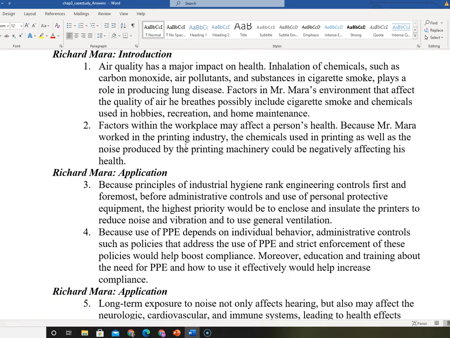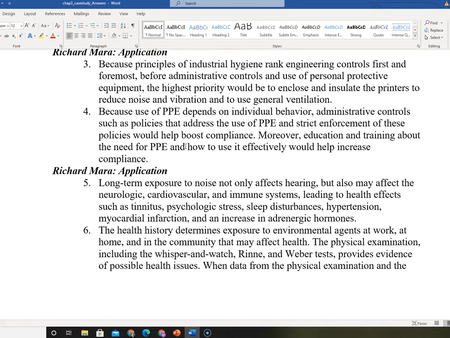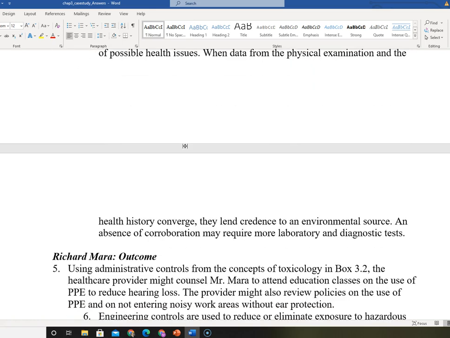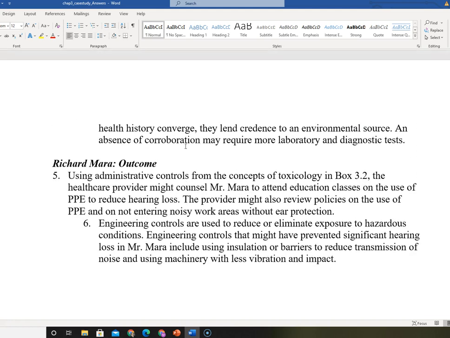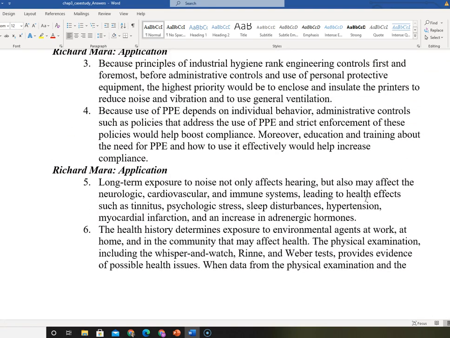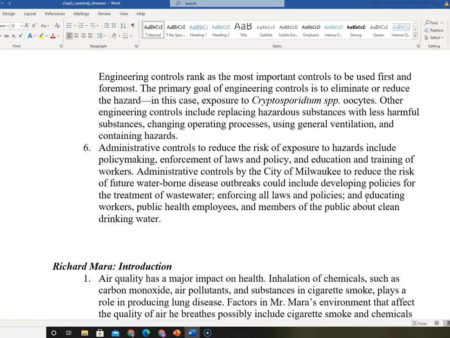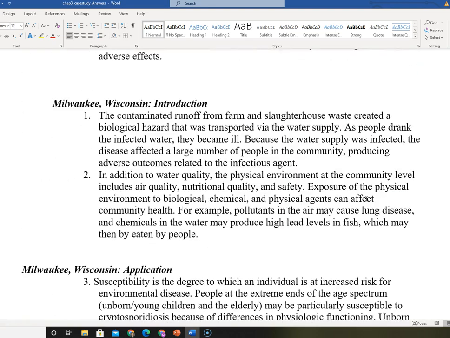Okay, so this is really describing or illustrating the effects of long-term exposures, right? And different types of long-term exposures. Did I get everything? All right. It's the outcome, and again, that was box 3.2. I just showed you guys before that it was referring to there, referring you back to. Okay, again, if you don't have the textbook, I think you guys might be seeing how very helpful it is to have that textbook.